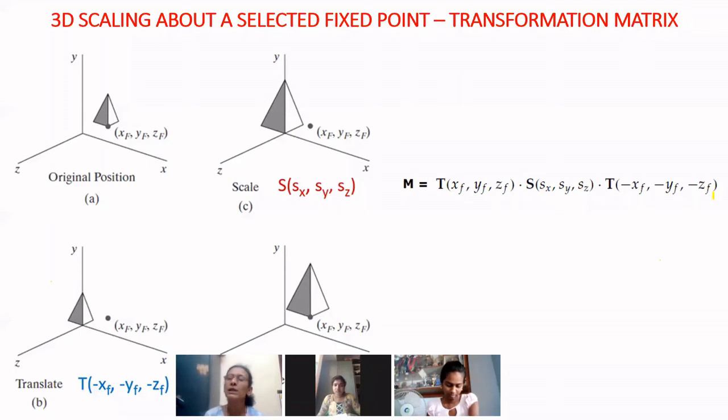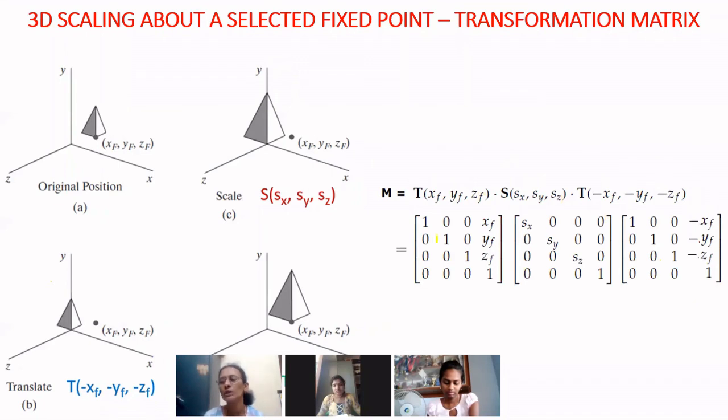Now, what is the translation matrix when we translate by Xf, Yf, Zf? It is 1 0 0 Xf, 0 1 0 Yf, 0 0 1 Zf, 0 0 0 1.